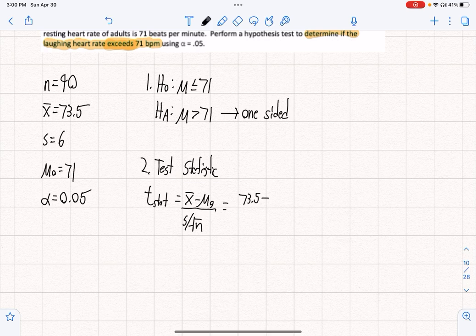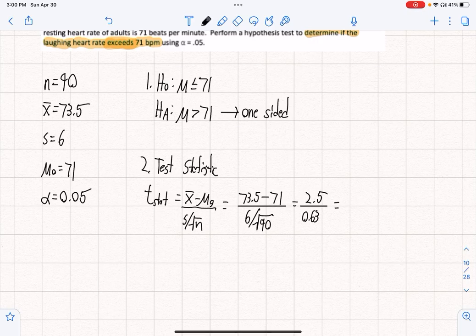Subtract the hypothesized mean, which is 71 in this case. Divide by the standard deviation, which was 6. And then divide that by the square root of n, and n here was 90. So let's simplify this a little bit. I have 2.5 in the numerator and 0.63 in the denominator. And so I get a value of 3.97.